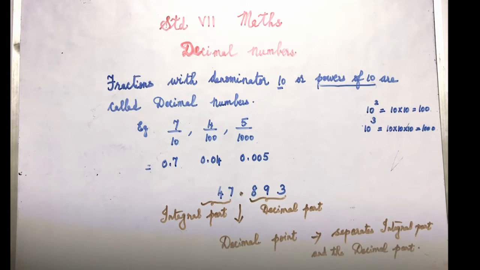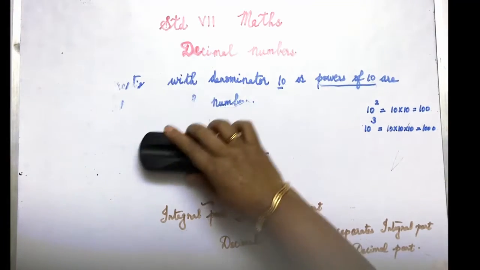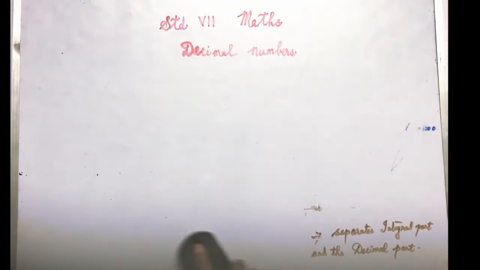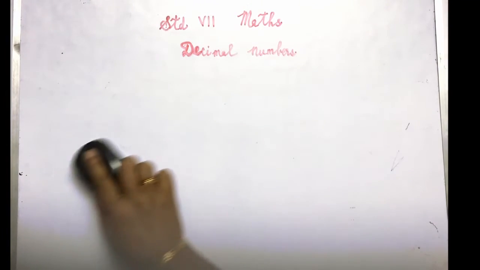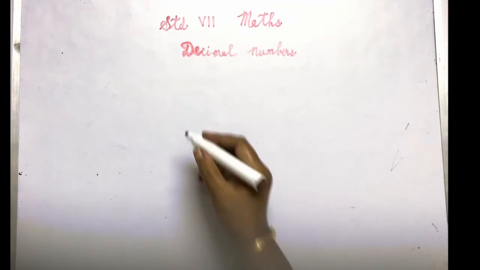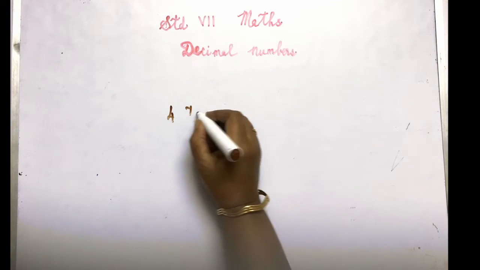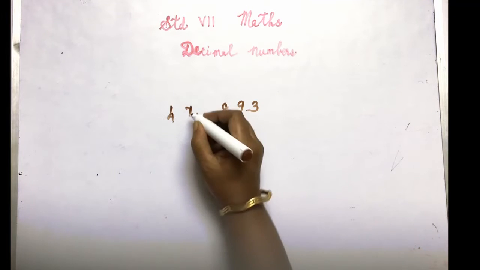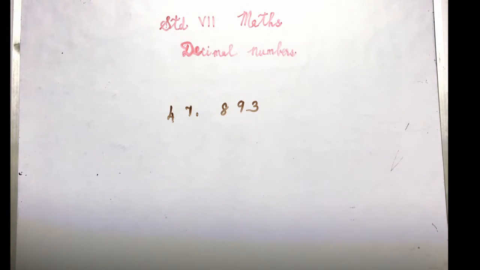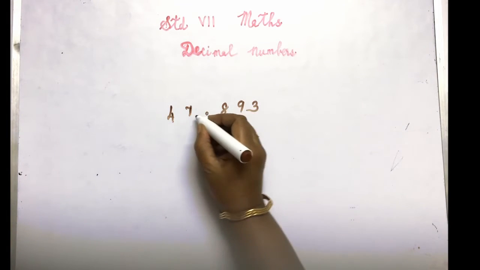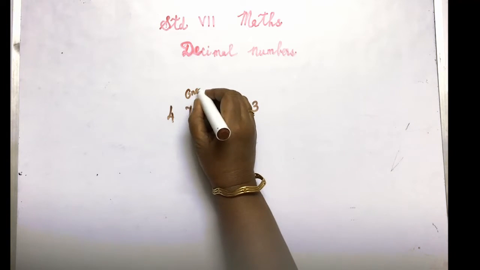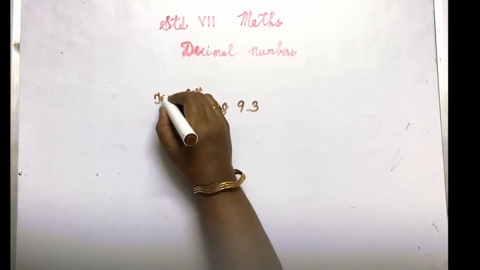Now let's see the place values. 47.893. Integral part means whole numbers. The place values start from the first number. We all know this is ones place and this is tens place.